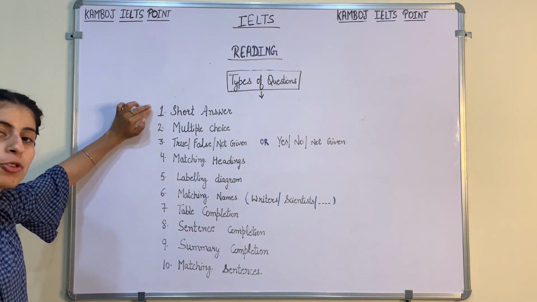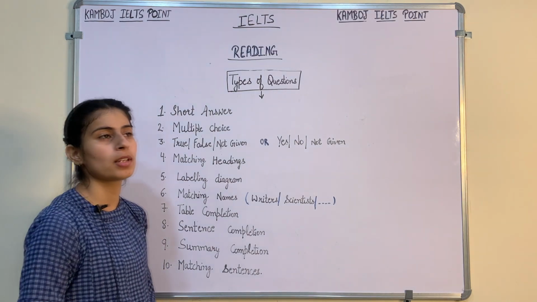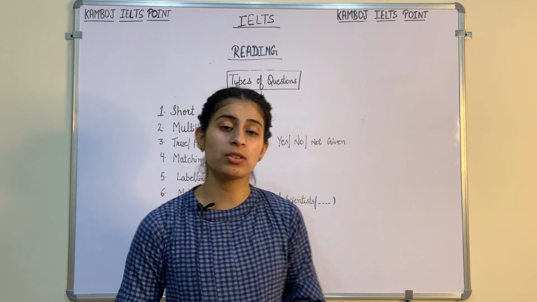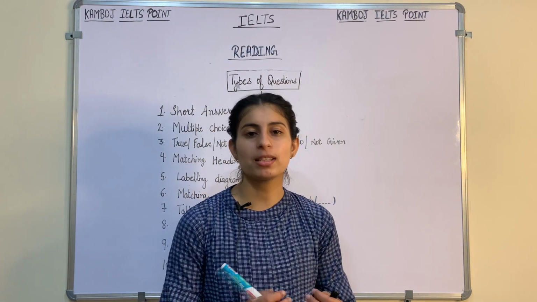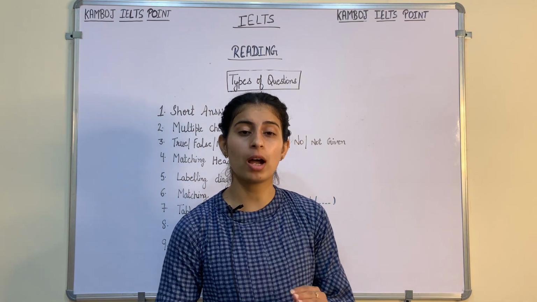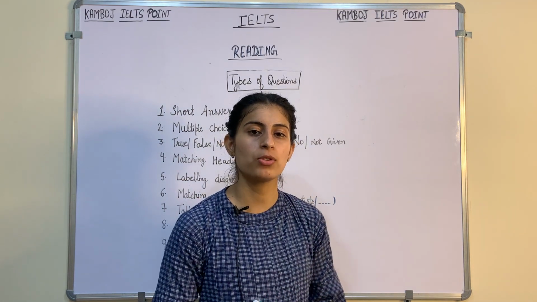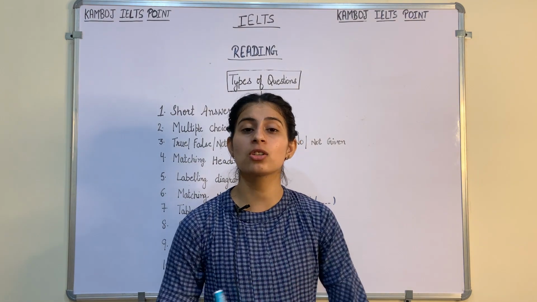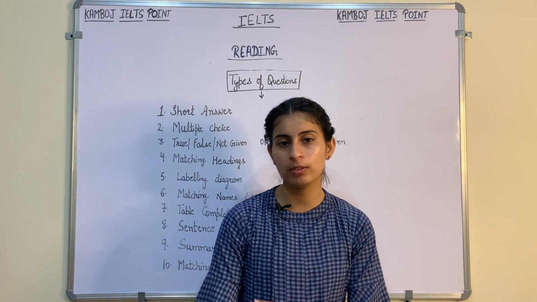The first type of questions are short answer type questions. You will get a question, then you have to find the answer for that one. You will get specific instructions, and you have to follow those instructions. It's not only for short answer questions, instructions are important everywhere.